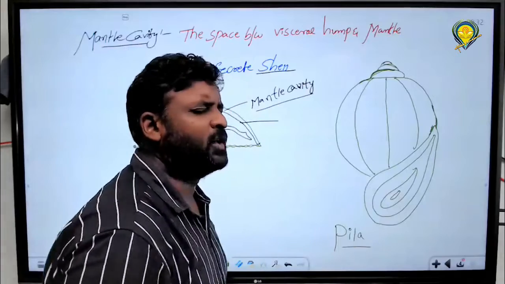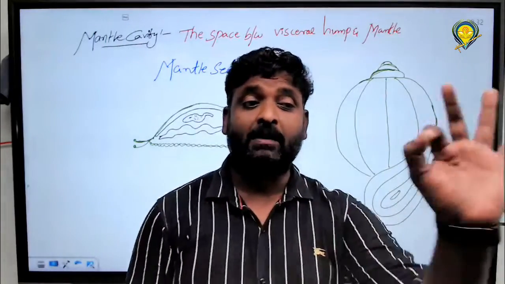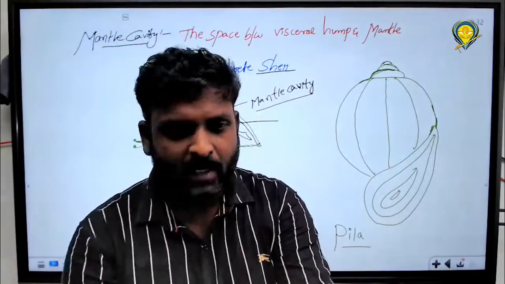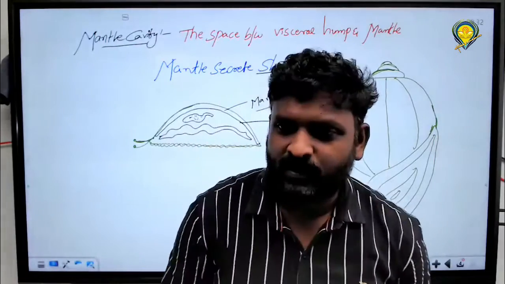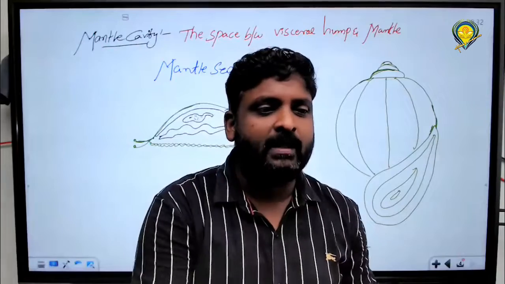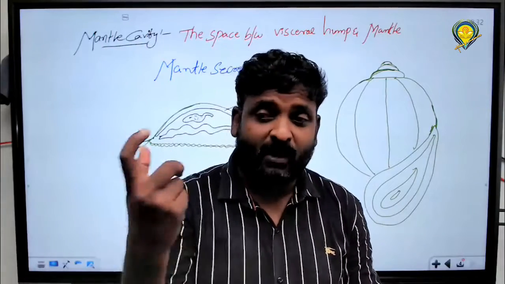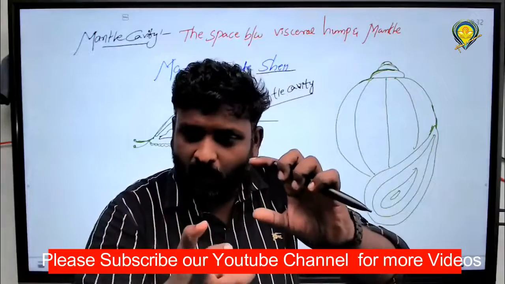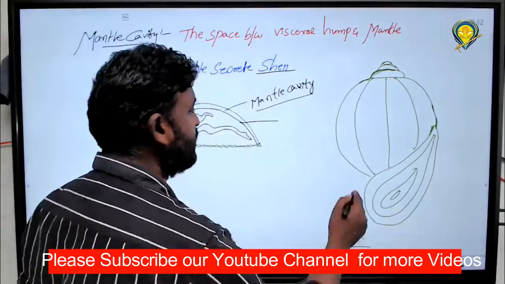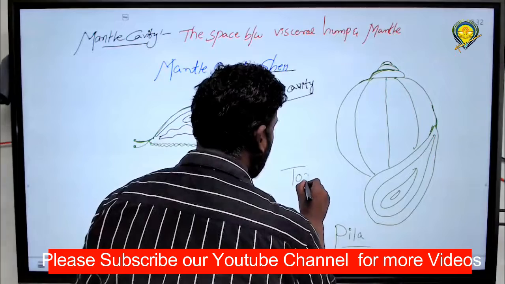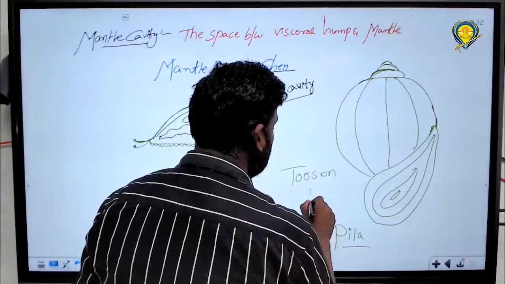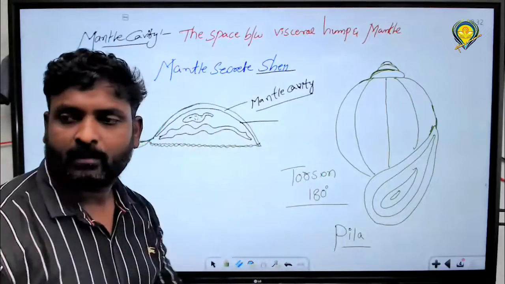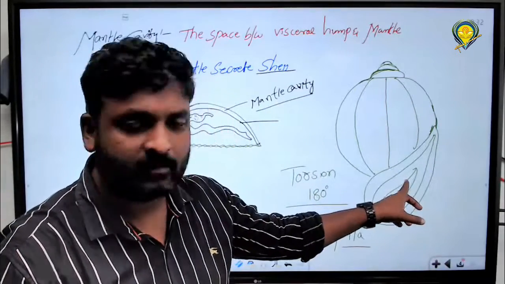During the development of the larval stage, the larva transforms into an adult by the process called metamorphosis. During this, some of the visceral mass turns 180 degrees, and that phenomenon is called torsion. Torsion of 90 degrees or 180 degrees? 180 degrees.